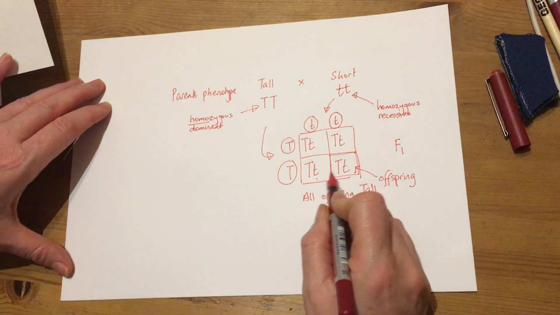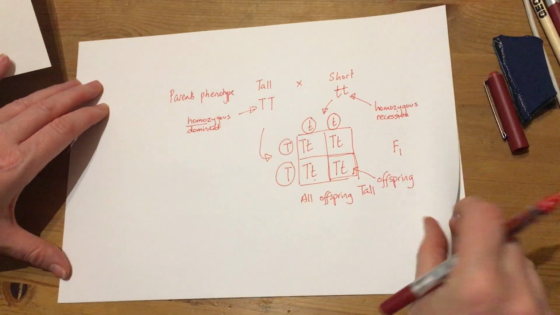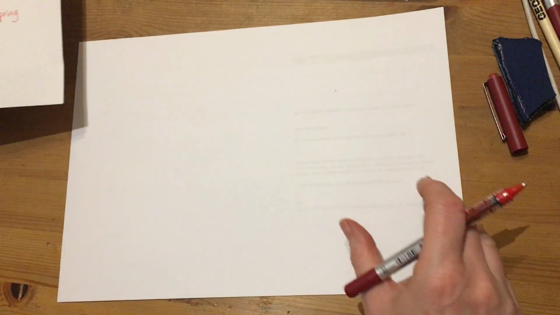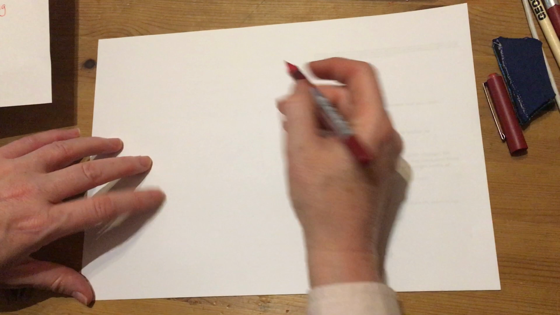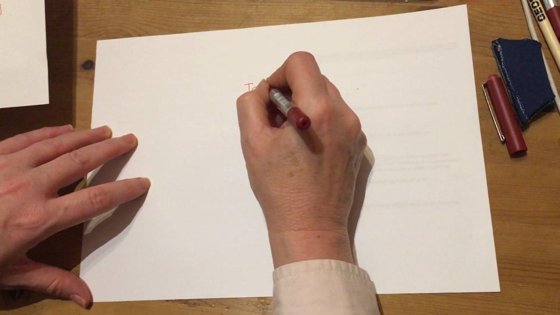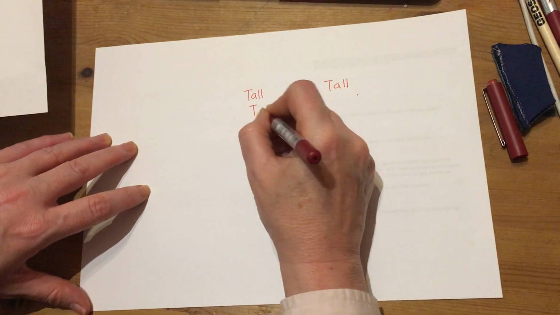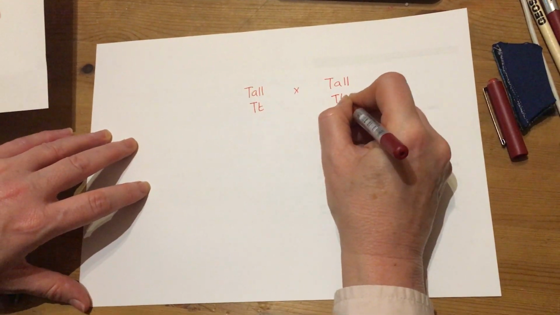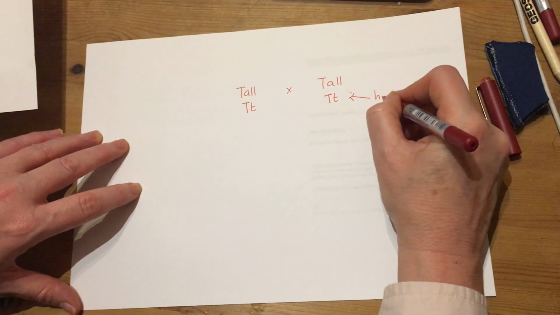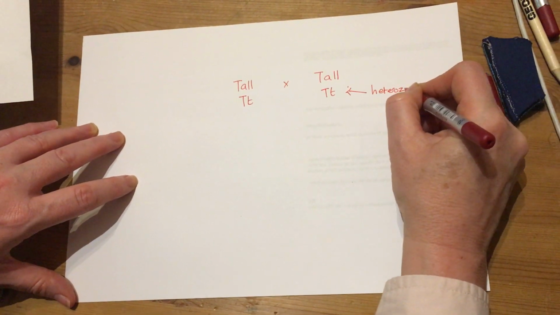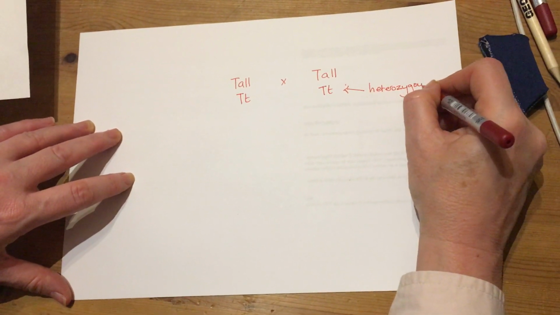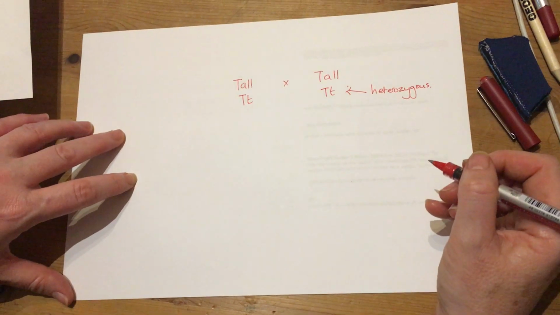Now we're going to take two of these individuals and breed them together. So we have a tall crossed with a tall, but this time their genotype is heterozygous. That means one big letter, one little letter.